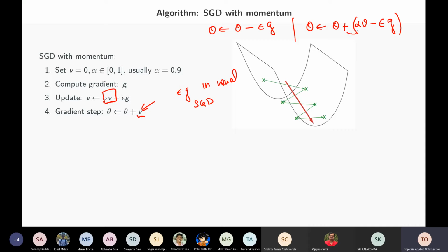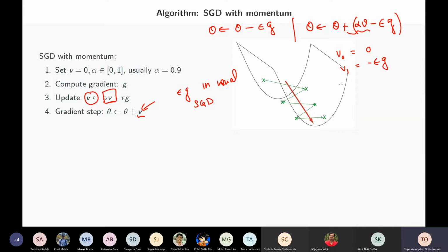So the question is, why did we do this? The idea is that v is accumulating the gradients. In the first iteration, v is 0, so nothing will happen. Let me denote v0 as the first iteration v, which is 0. Then v1 will be alpha times 0 minus epsilon g.